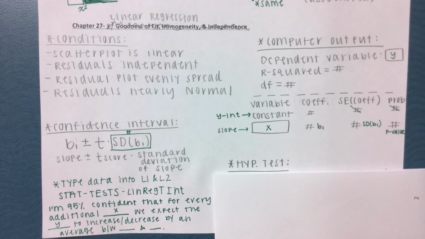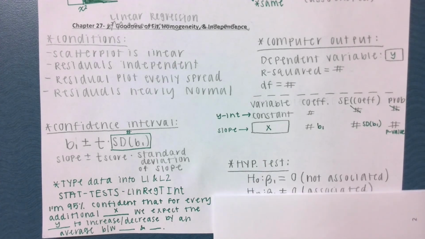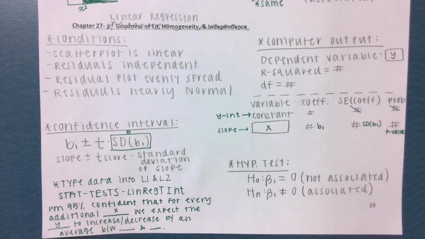If you're running a hypothesis test for this computer output, your two hypotheses are right here. For the null hypothesis, we should assume that the slope, beta 1, is going to be 0, which means that the two variables we're looking at are not associated. If the slope was 0, your scatter plot would just be random and all over the place.